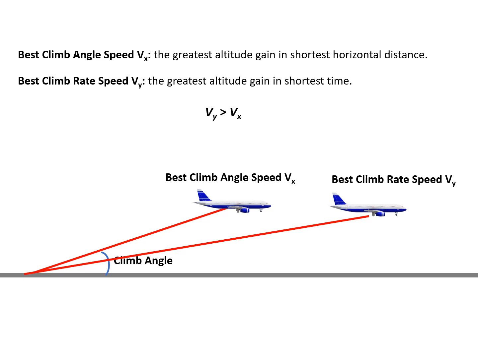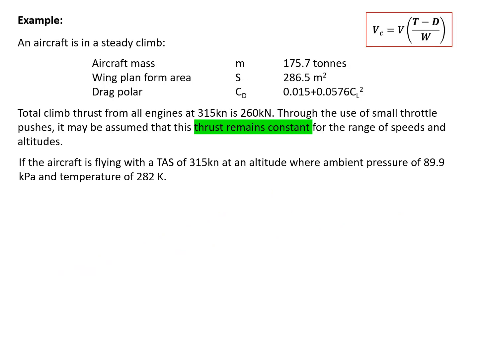So if the aircraft is flying at Vy, it has the greatest altitude gain in the shortest time instead of the shortest horizontal distance. We haven't yet answered if there is a largest climb rate velocity.